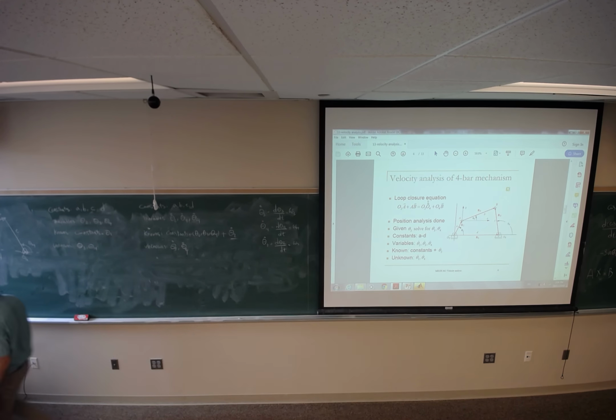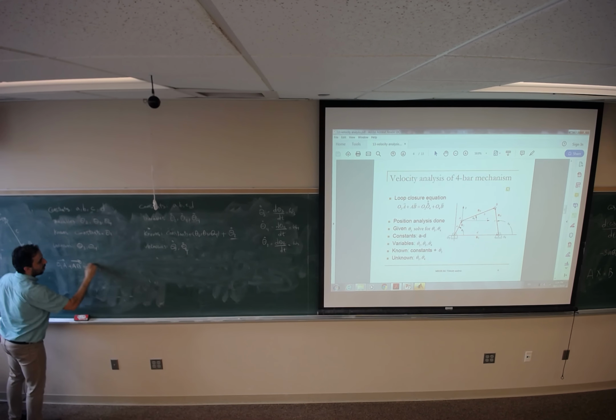Again, everything is going to start from the vector loop. O to A plus AB. I should stop here because two vectors ending at point B equal O to O4 plus O4B.